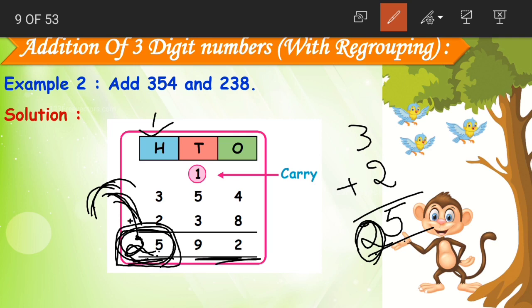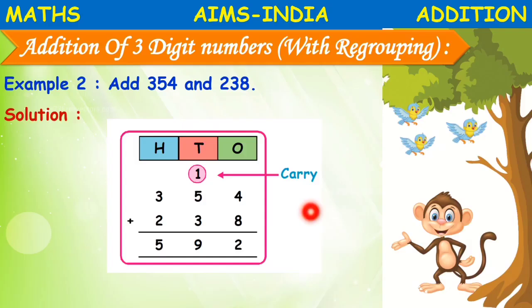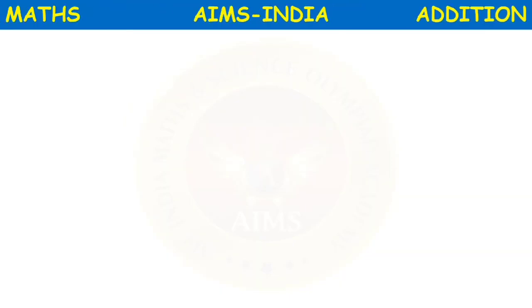In these two cases, we had a place value to carry, so we carried the number to the next place value. Clear children? How did we do this? We added both the numbers using the carry, which is called addition of numbers with regrouping. I hope this was clear.